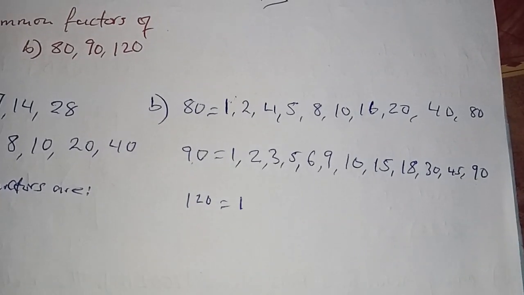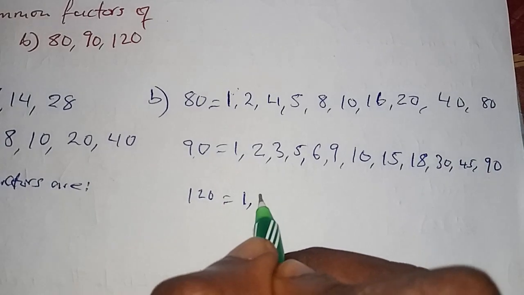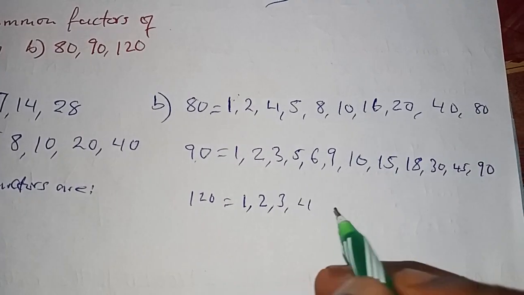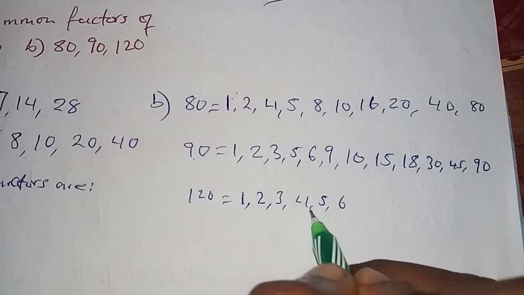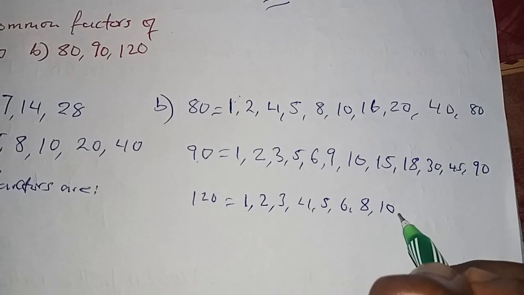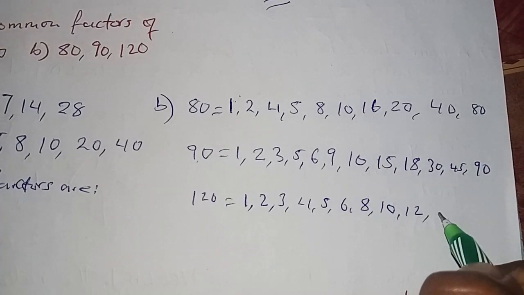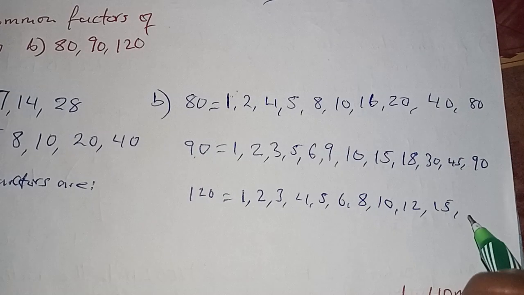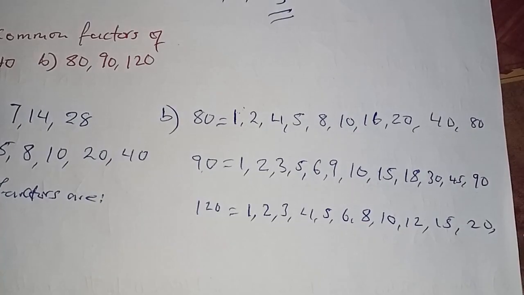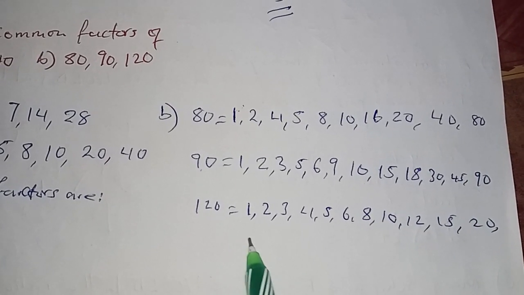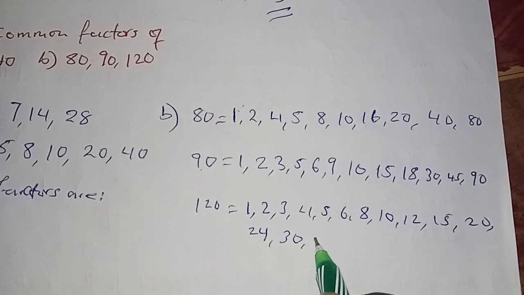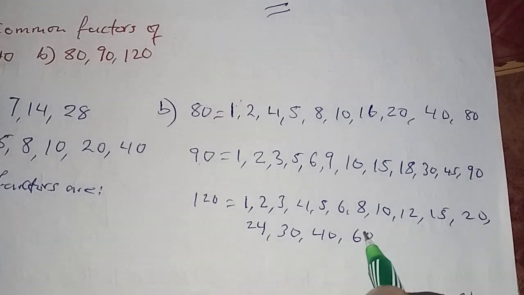So let's go to 120. It's a huge number, but we can still manage it. So 1, 2, 3, 4 can go there, 5, 6, 7 cannot go, but 8 can go, 9 cannot go, 10 can go, 11 cannot go, 12 can go, 13 cannot go, 14 cannot go, 15, 20, 24, 30, 40, 60, then we have 120.